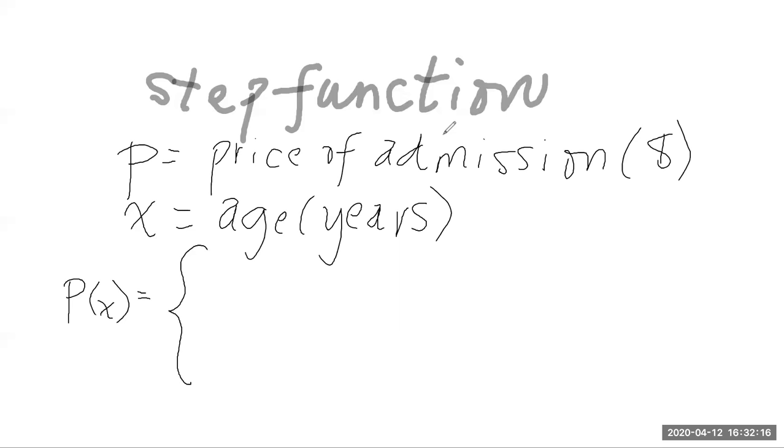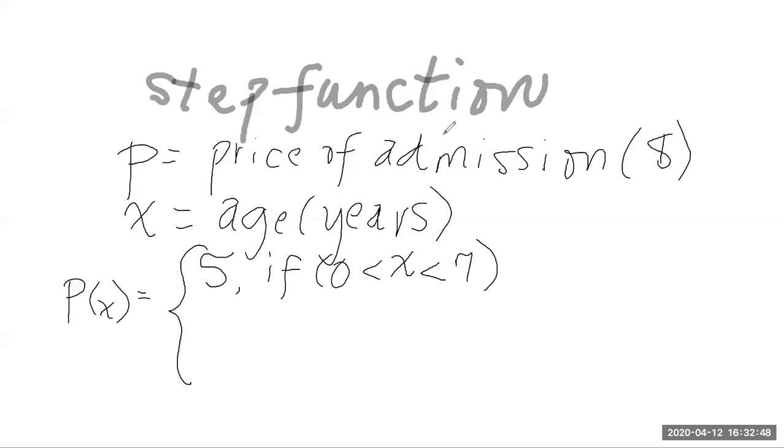If you look at the first one, it says that the price of the admission tickets is $5 if the person is from 0 to 7 years of age. So you'll write 5 if, then you're going to write the domain. X is between 0 and 7 years of age.